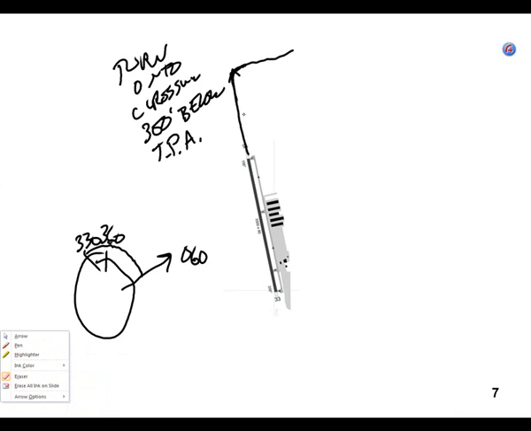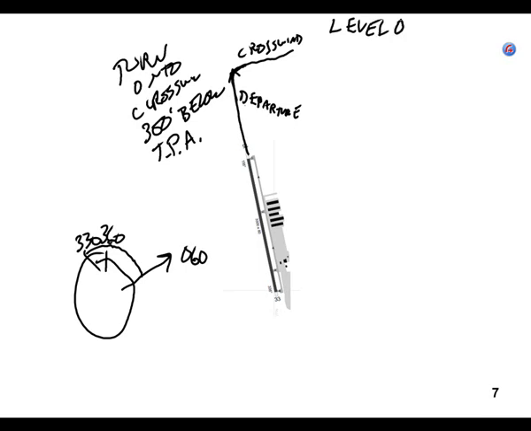So we'll call this the departure. Oops, can't do that right somehow. So this is the departure leg. And this is crosswind. Somewhere in here you're going to level off at traffic pattern altitude, which in this case is 1,000 feet AGL, which is 1,380 MSL.